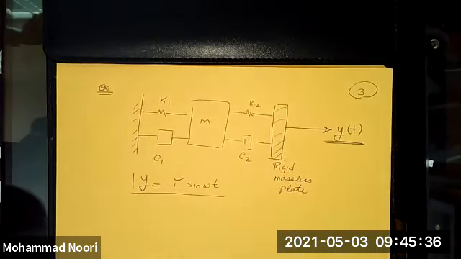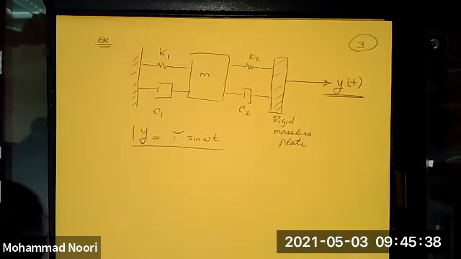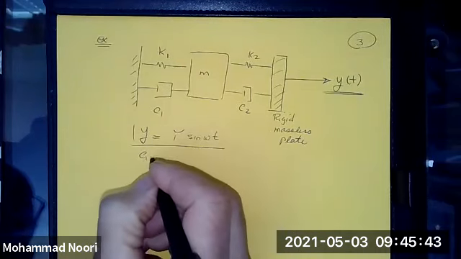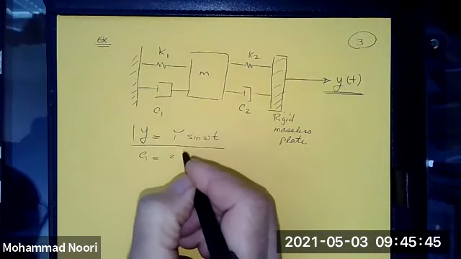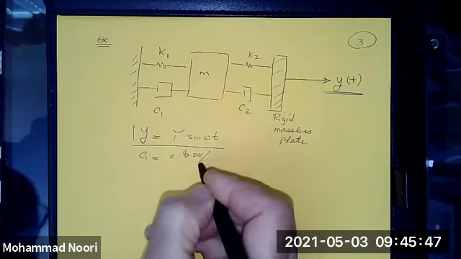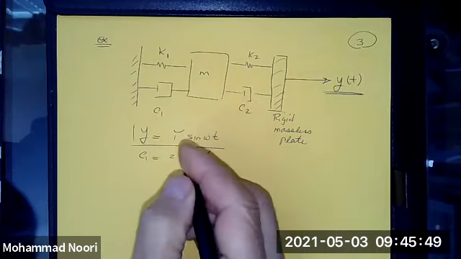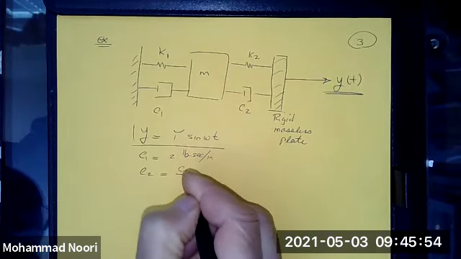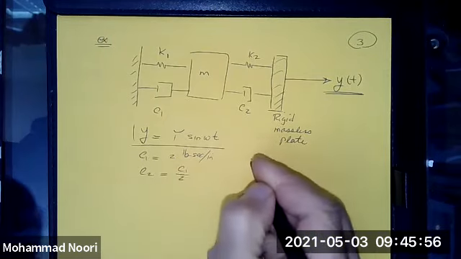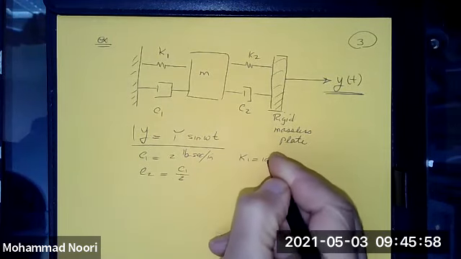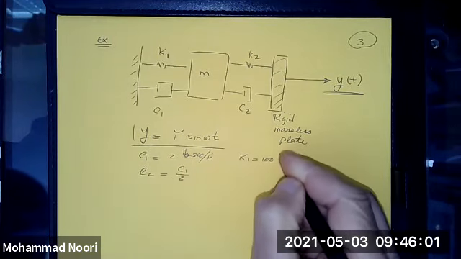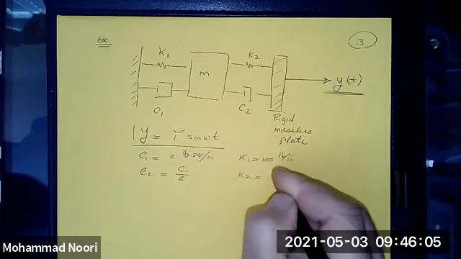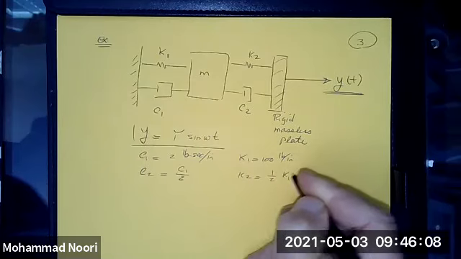Let me also give these parameters that are given in the problem. Let's say C1 is 2 pound-seconds per inch, C2 is half of C1, K1 is 100 pounds per inch, and K2 is half of K1.